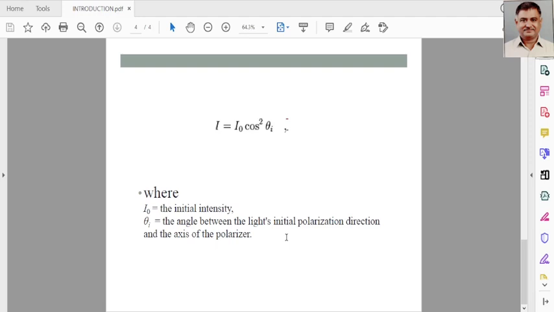Here we are also discussing another term, the optic axis. As light propagates through the crystal, the two wave surfaces travel in different directions in the crystal and ultimately two refracted rays emerge out from the crystal.